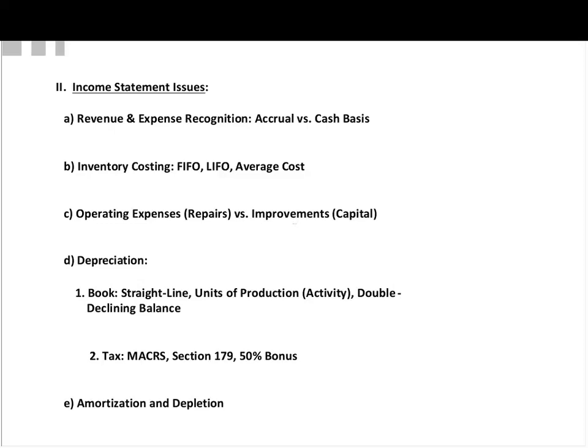Let's move on to amortization and depletion. Back up to depreciation: we depreciate vehicles, equipment, and buildings. Amortization is like depreciation, but for an intangible asset, such as a copyright, a trademark, a patent, goodwill, something of that nature. Depletion is like depreciation, but for a natural resource, such as timber, oil, gold, natural gas.